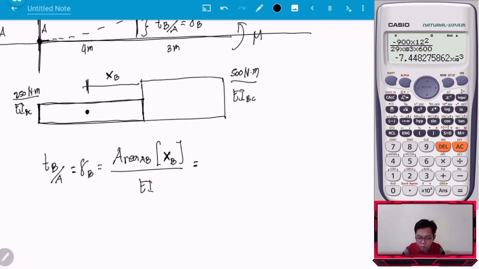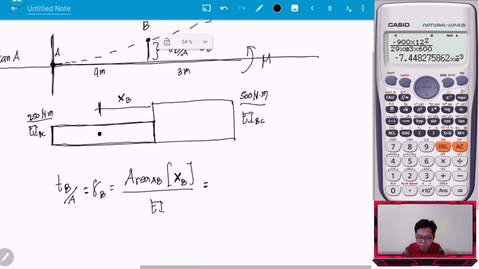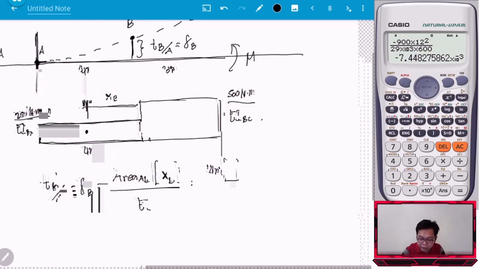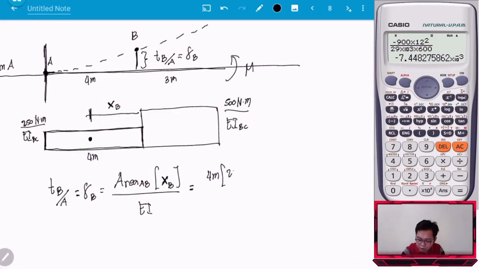The area is simply equal to positive, yung moments natin, tama? So, base times height. Ano yung base niyan? 4 m pala to. Base is actually 4 m. Ang height is 250 Newton meter.